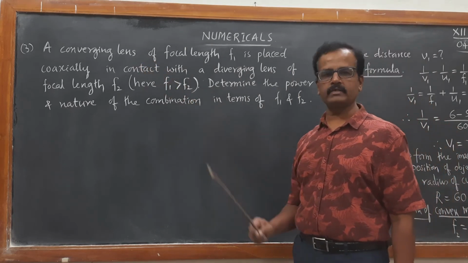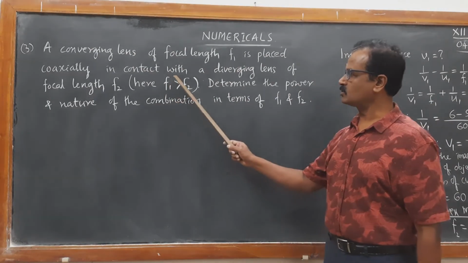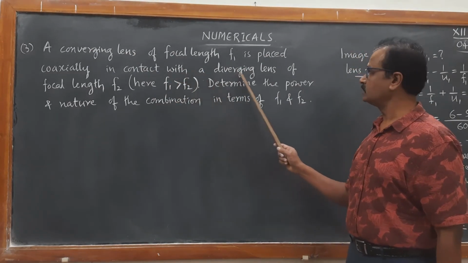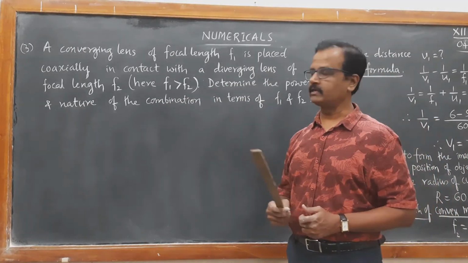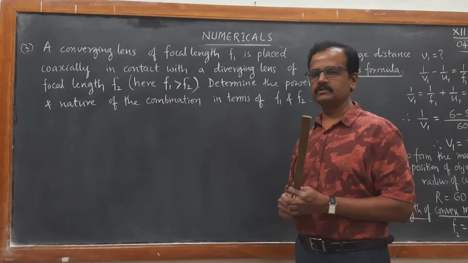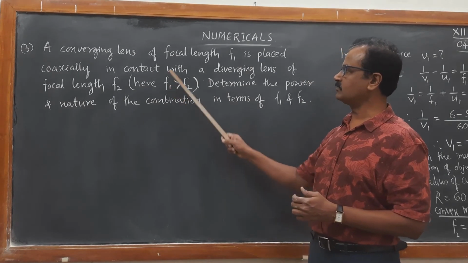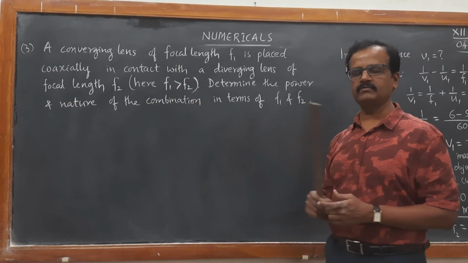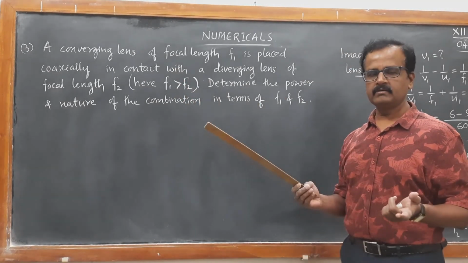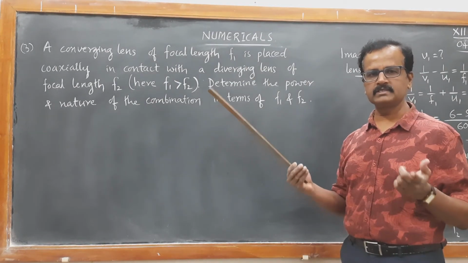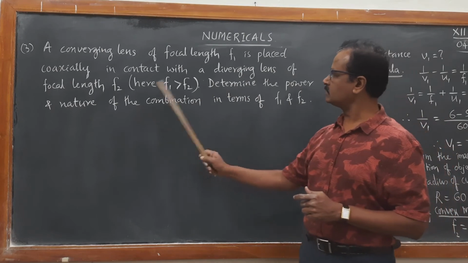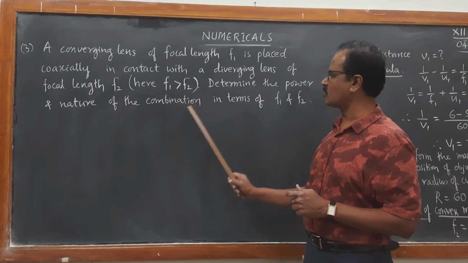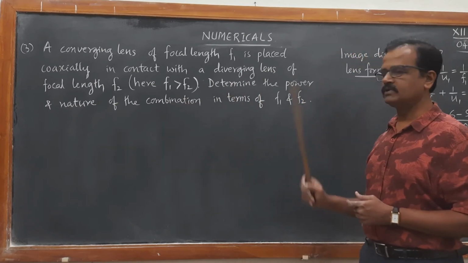Converging lens, which is a convex lens, is placed coaxially in contact with a diverging lens, a concave lens of focal length f2. Given that the magnitude of f1 is greater than the magnitude of f2, determine the power and nature of the combination in terms of f1 and f2.